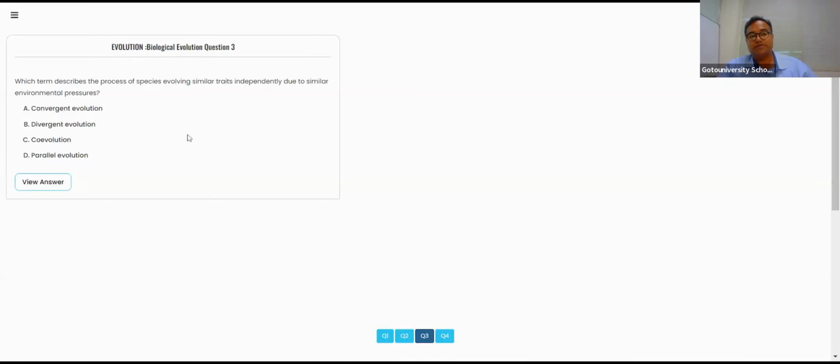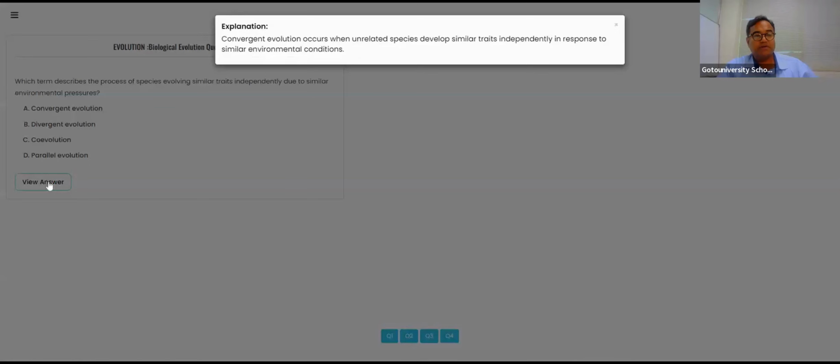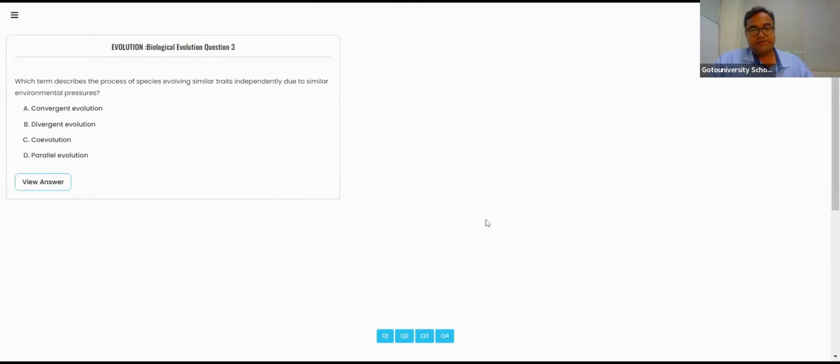Which term describes the process of species evolving similar traits independently due to similar environmental pressure? Convergent evolution is the best example, right? For this question. So let me solve one more question in the same chapter on biological evolution.